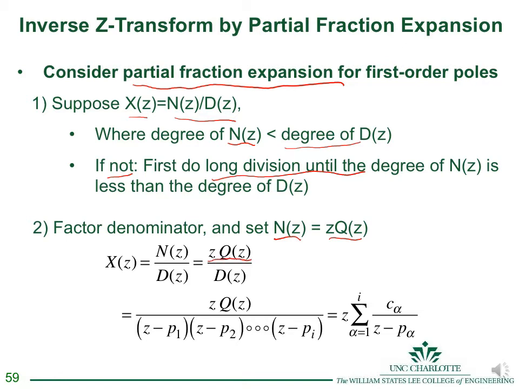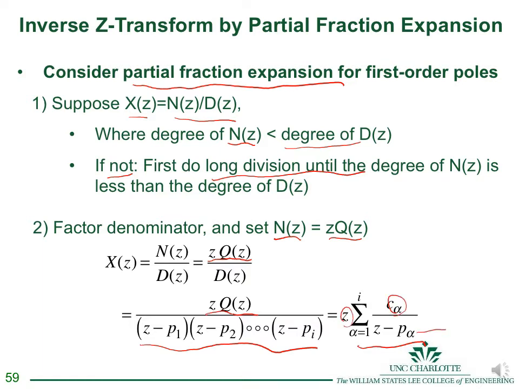We want this to equal a partial fraction expansion where we have z times c_a for the numerator and z minus p_a for the denominator.